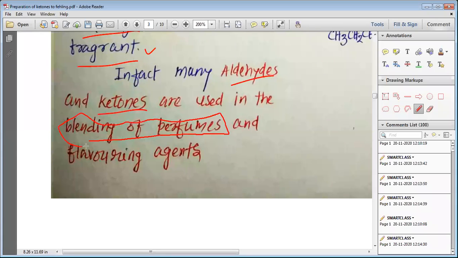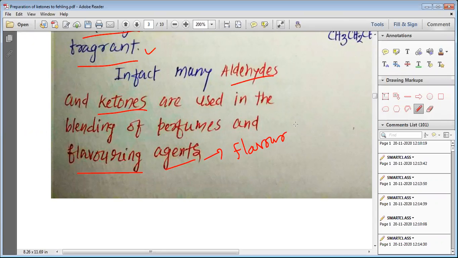So remember that many aldehydes and ketones are used in the blending of perfumes, and they are also used as flavoring agents. That means to give flavor to food and drinks or beverages.